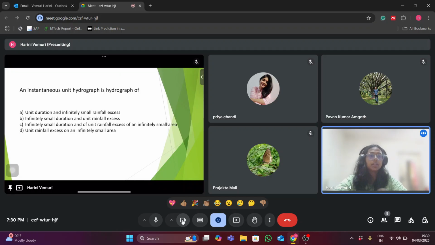If you remember, we are mainly putting a constraint on the duration of excess rainfall. If the excess rainfall is occurring for an infinitesimally small duration and the total excess rainfall amount is equal to 1 unit, then we call it an instantaneous unit hydrograph. So the answer is option B.